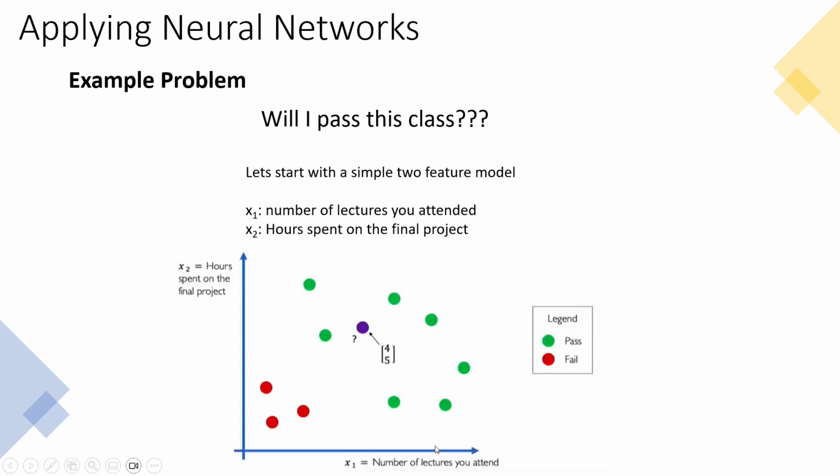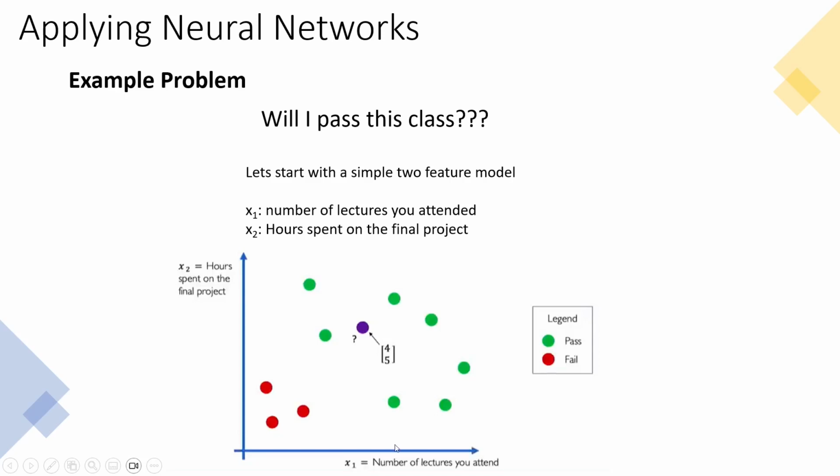If you attend a lot of classes, then you are here. And if you spend a lot of time on the final project, you are here as well. Okay. So basically our labeled data says if you are on this region, you pass the class, and if you are on this region, you fail the class.